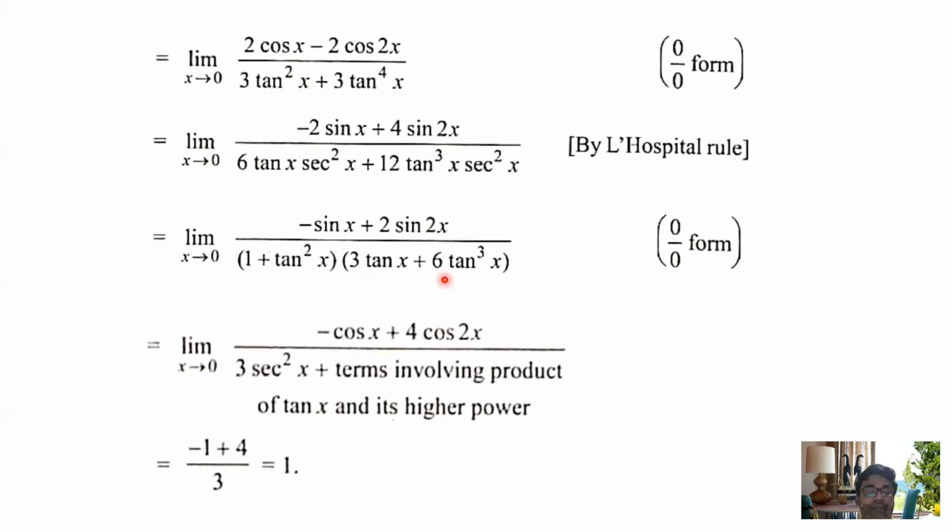Very simple. Then again you can check, this is 0, from here it is 1, that is 1, this is also 0, ultimately 0, again 0 by 0 form. So ultimately what you have is again the derivative: minus cos x plus 4 cos 2x by, from here, 1 plus tan²x, tan 0 and tan²x is equal to 0, that is 2 tan x sec²x, and from here 3 tan²x sec²x.